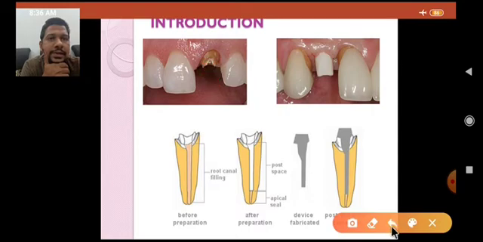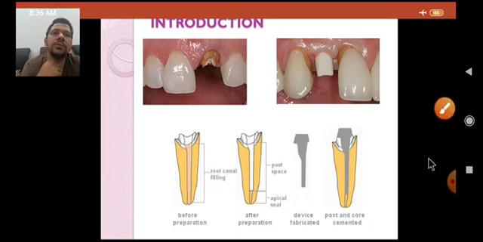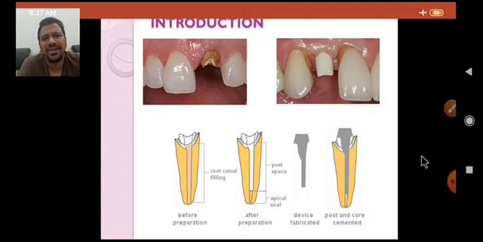Now the crown dislodged with that much amount of coronal tooth structure. If you try to re-cement it, is it going to stay there? I don't think so. It won't stay there because the tooth structure which has to give support for that particular crown is very minimal.